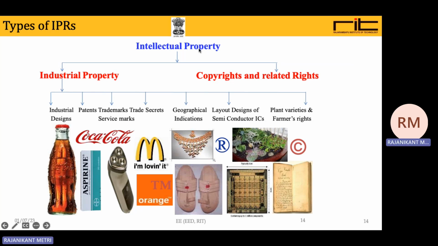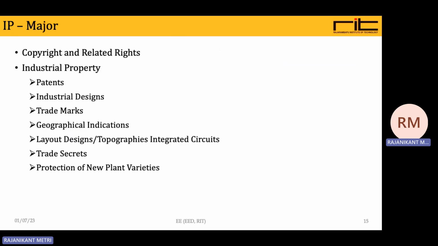So all these come under intellectual properties. So we'll see one by one. So mainly these are copyrights and related rights, and then industrial property: patents and industrial design, trademarks, geographical indications, layout designs, trade secrets protection.